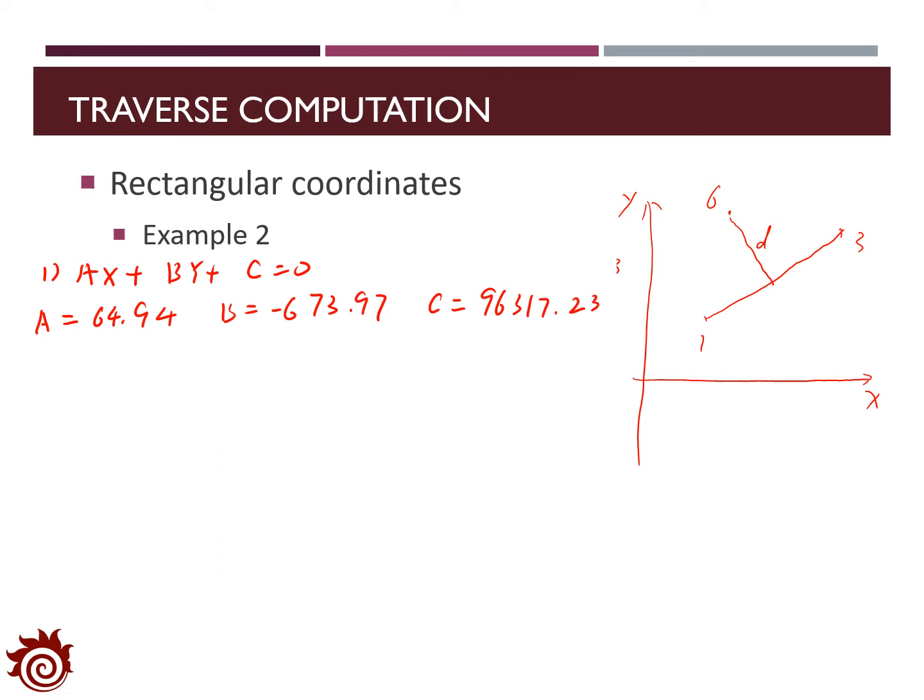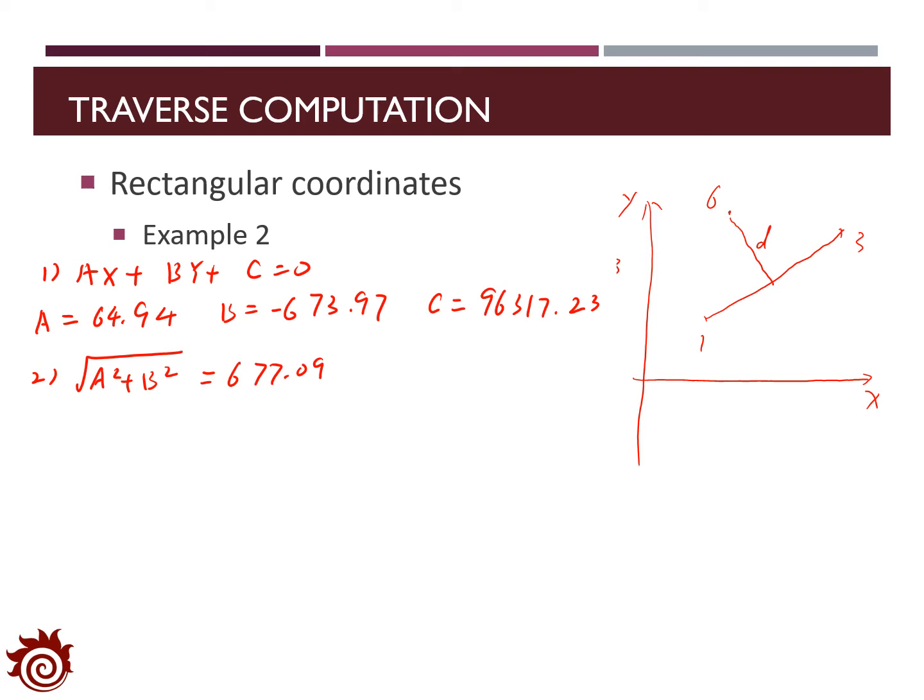In the second step, we want to calculate the value of the square root of a squared plus b squared for the calculation of the value for the distance. With the value of a and b, we can find out the square root as 677.09.